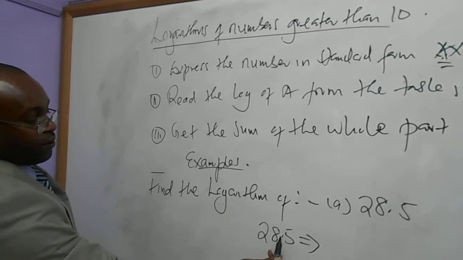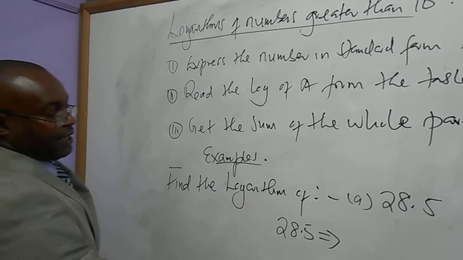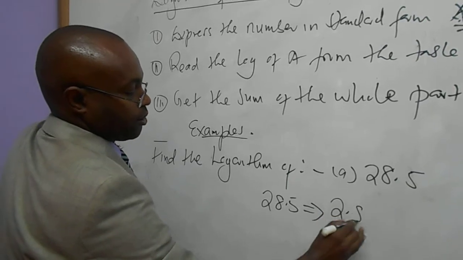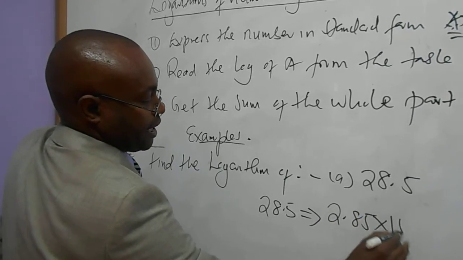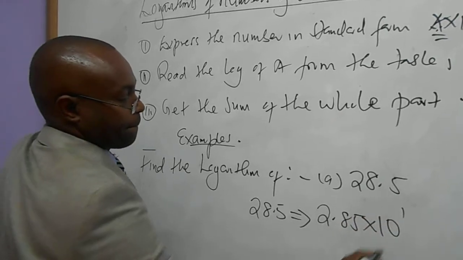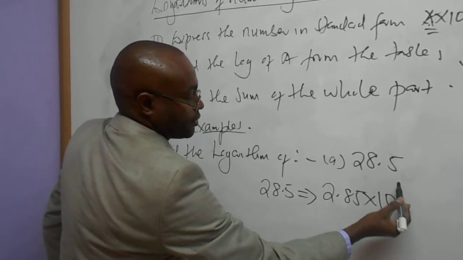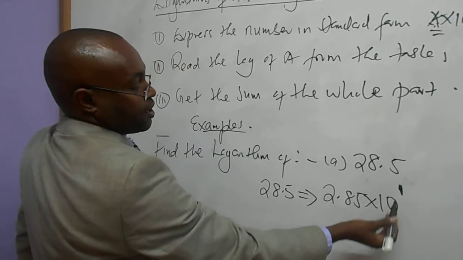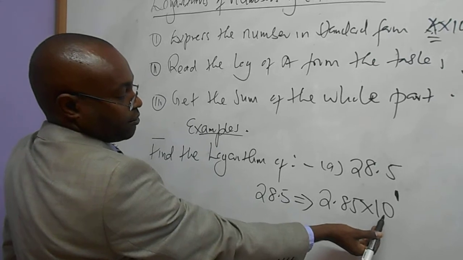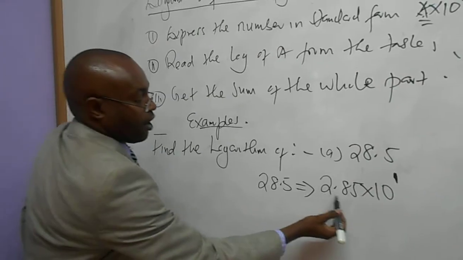The decimal moves from between 8 and 5 to between 2 and 8, so that we have 2.85 times 10 to power 1. Of course, 1 was the logarithm of this 10. So then, this is now our A.